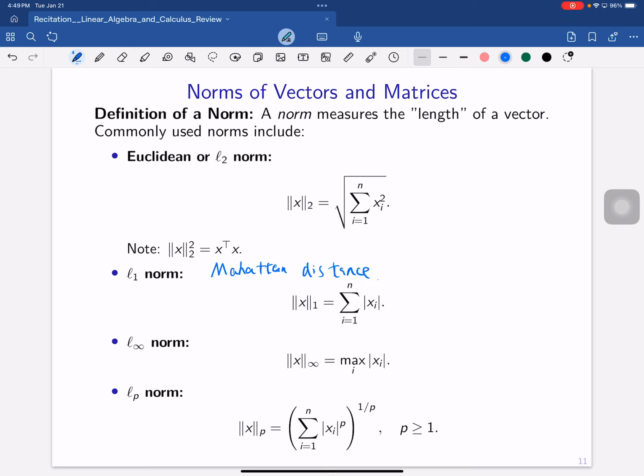So when you are traveling in Manhattan, you can only travel using those vertical streets, right? You cannot just take the line segment between 2 points. You have to go either vertical or horizontal, right? So that's the absolute value. Okay.